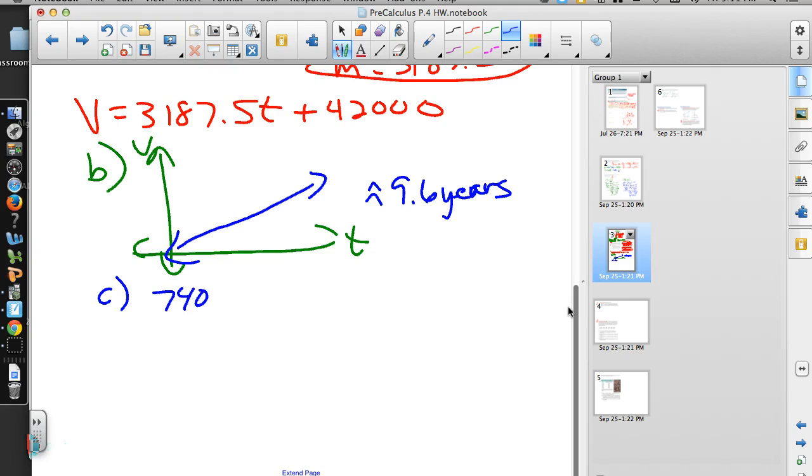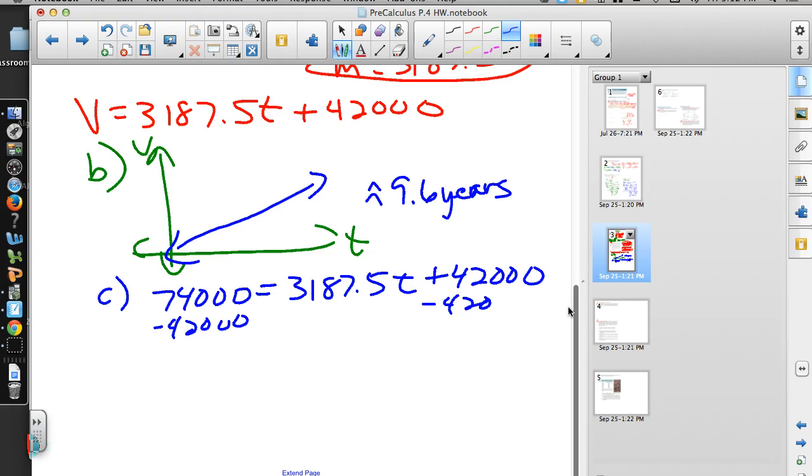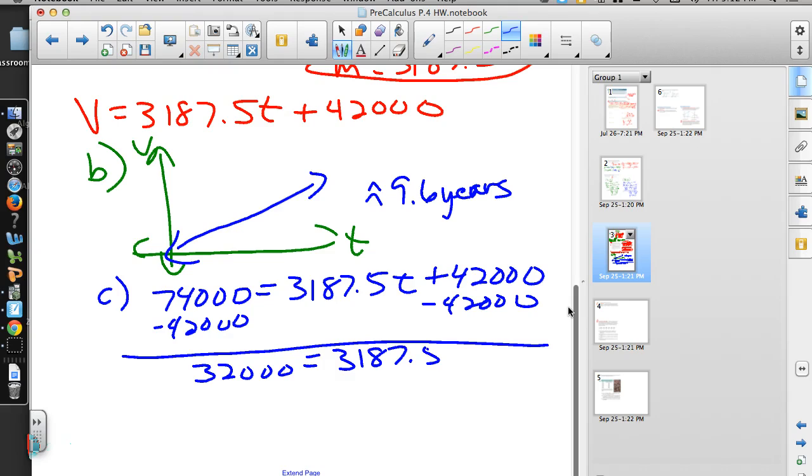So 74,000 equals 3,187.5 T plus 42,000. And we take the 74,000 and subtract the 42,000. And that would give us 32,000 equals 3,187.5 T. And then, of course, we would go ahead and divide by 3,187.5.